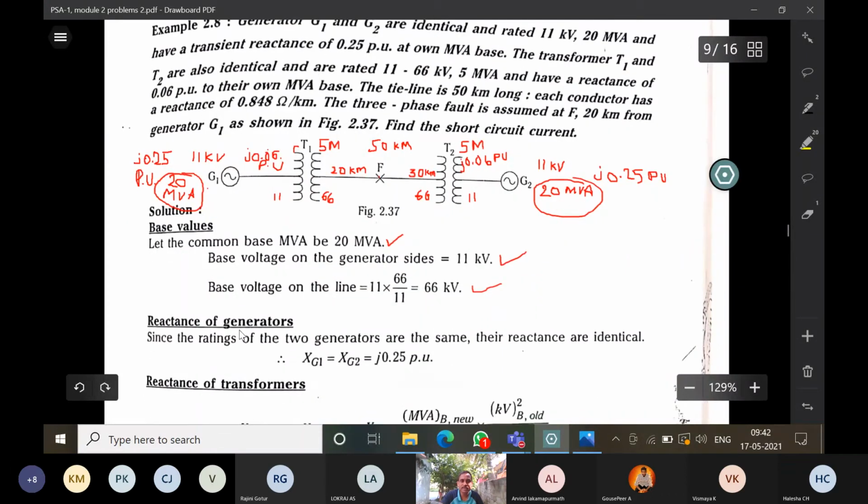To calculate the reactance of the generator, 0.25 per unit is already given, so write it directly as it is.